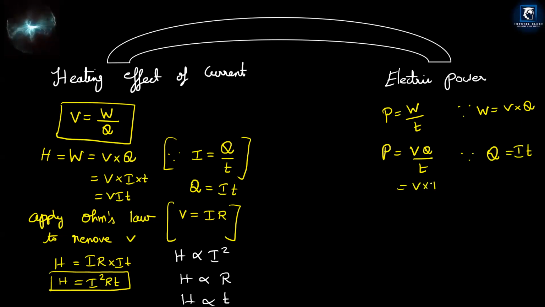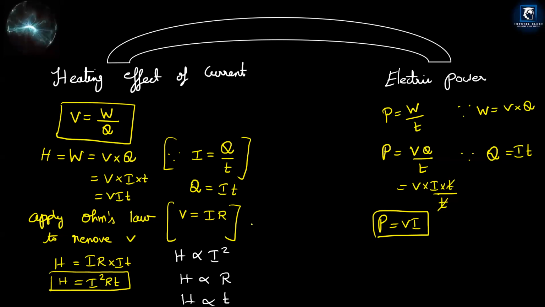So V into I into T by T. And this T will cancel. P is equal to VI. This is one.